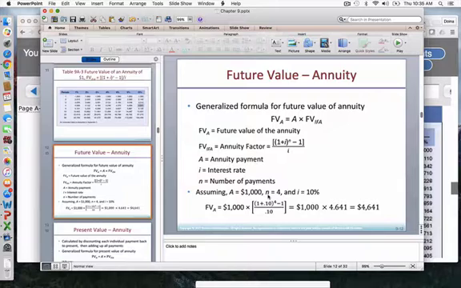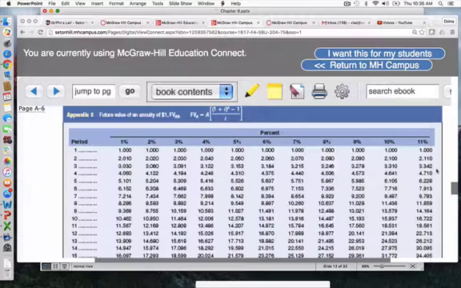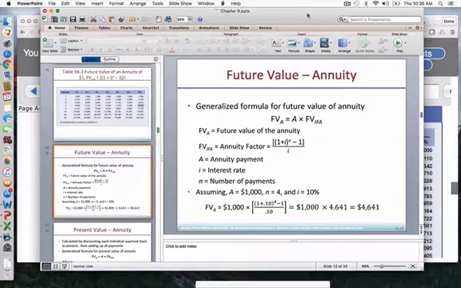So let's look at Appendix C, n equals 4, interest rate 10%, that's 4.641. Then we multiply that by 1,000, and we have 4,641. Okay, so that's the future value of an annuity.